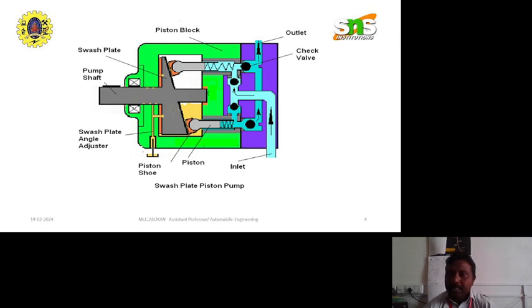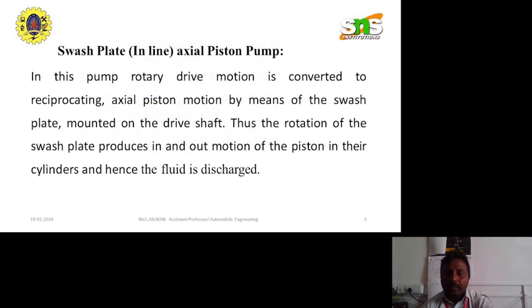In the center of this unit we have the pump shaft and swash plate. Near this swash plate we have a swash plate angle adjuster and piston shoe. Inside, it is covered with the help of pistons. The piston is covered by the piston block. These are the parts of the swash plate pump.